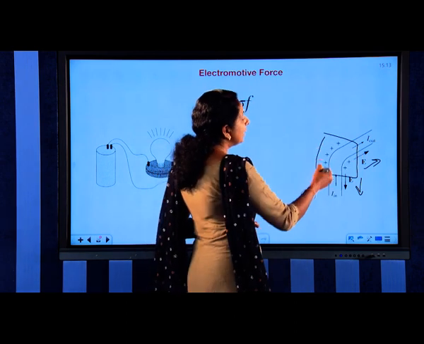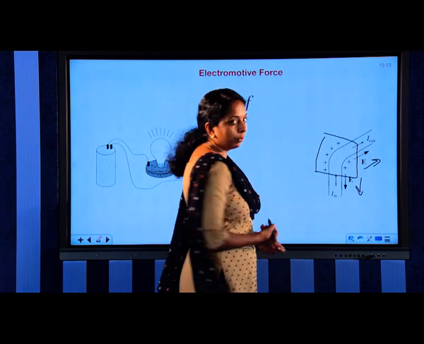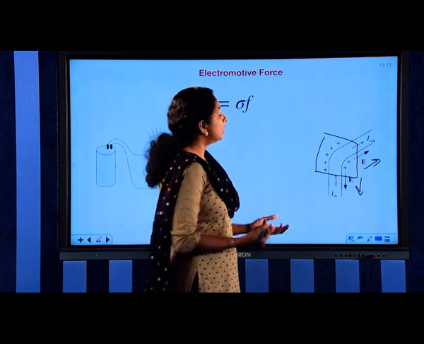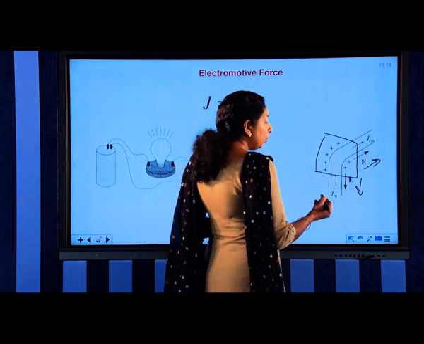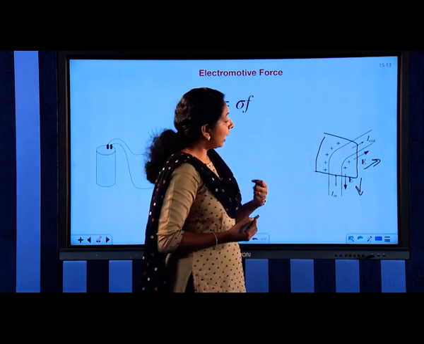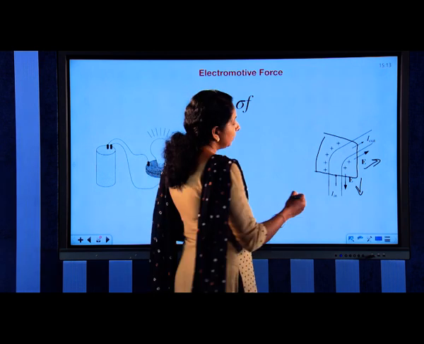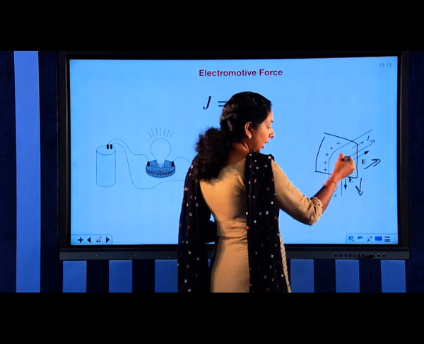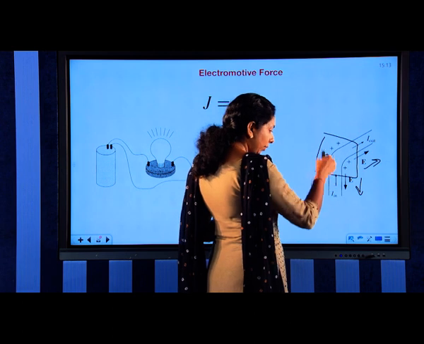And here we can see that there is some accumulation of positive charge, and how does this charge become positive? We know that generally the direction of current is taken as the direction opposite to the flow of electrons. That means here current flowing in means electrons are moving out.